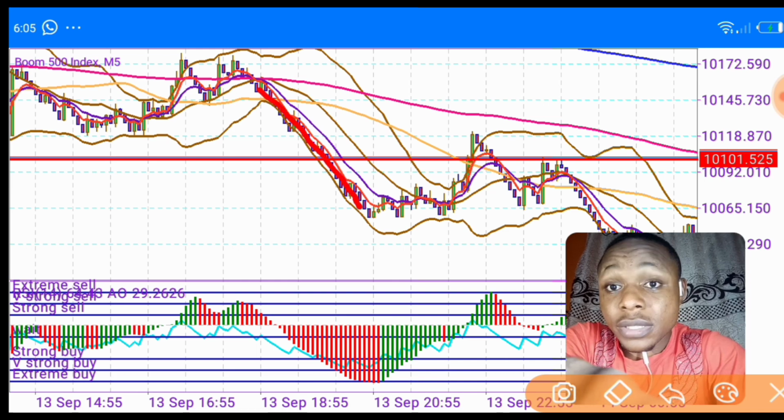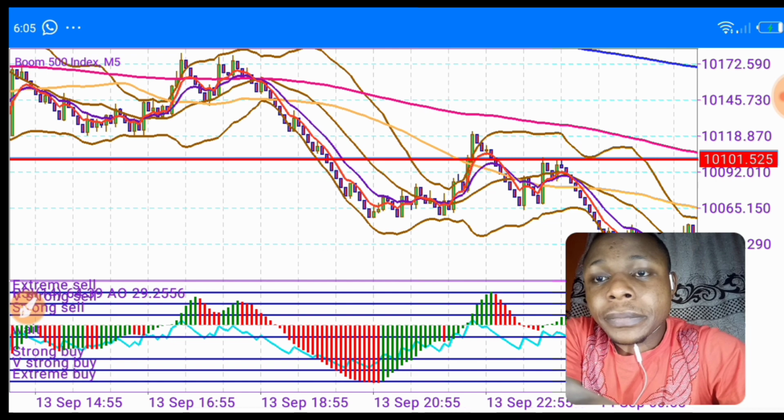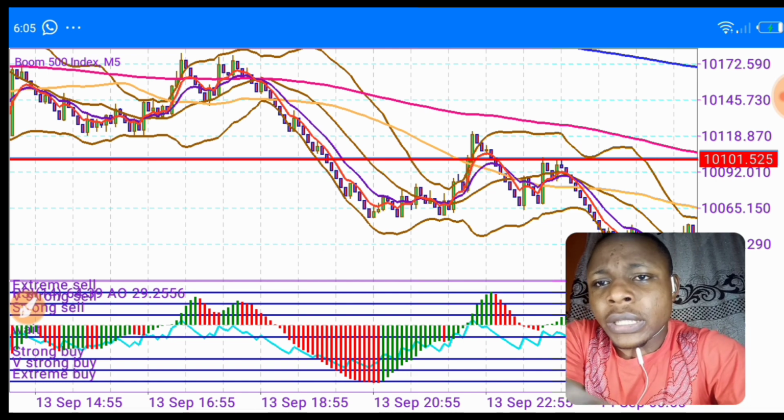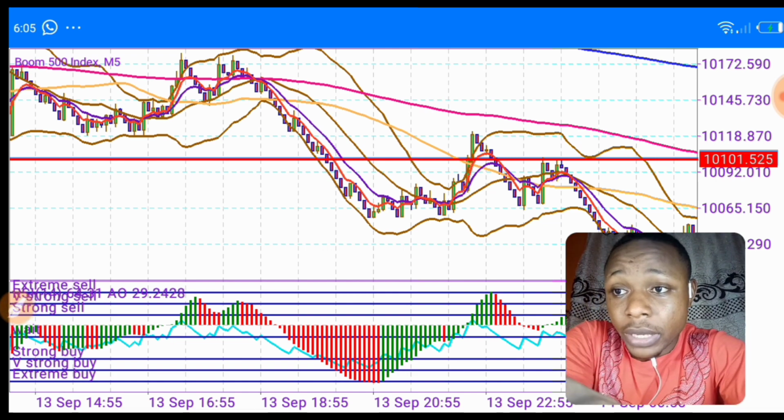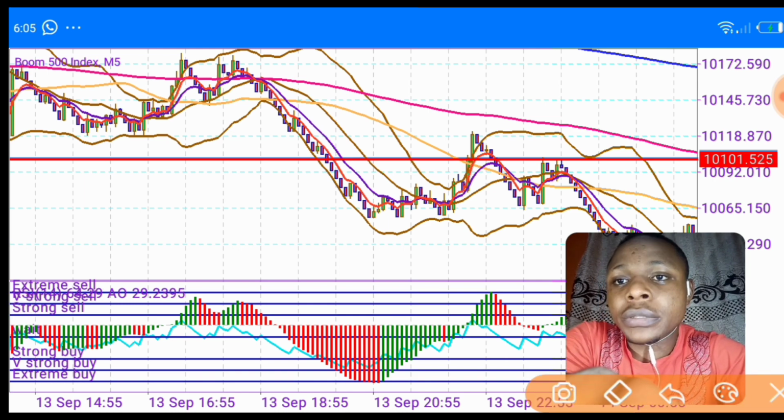Whenever it's on a long trend like this, it will always spike at some point for a pullback to continue the trend.